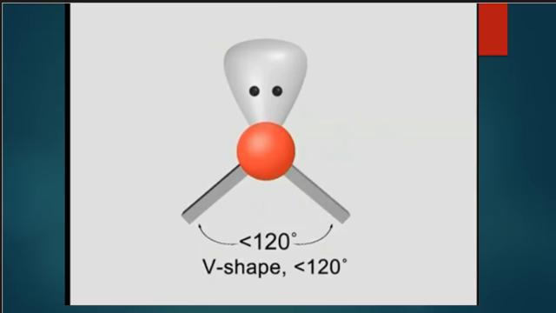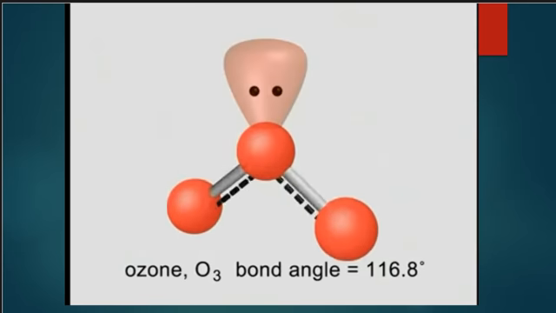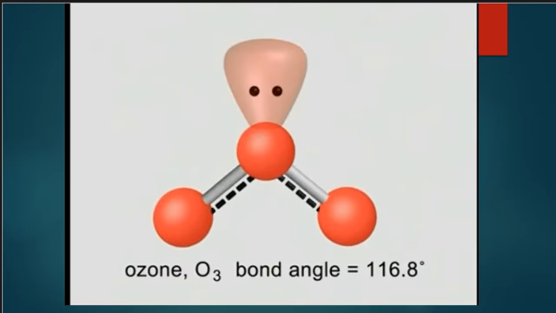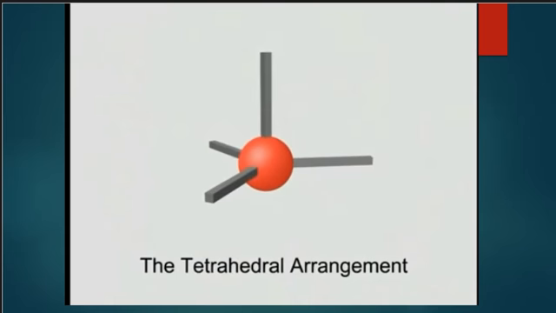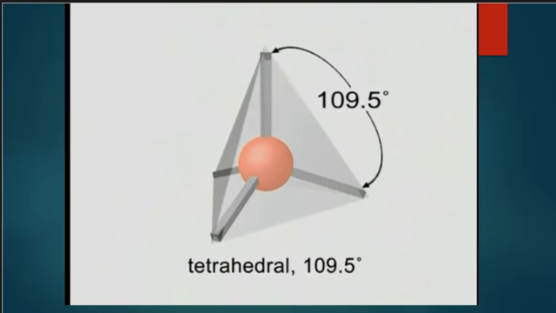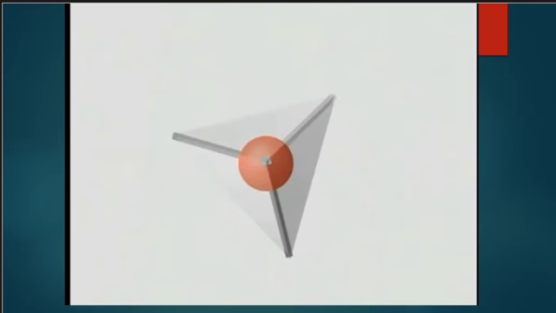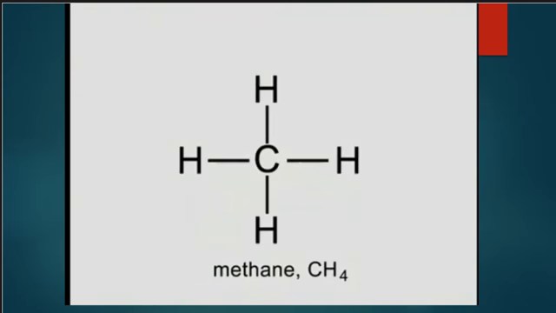As a result, the bond angle is less than 120 degrees, as you can see in this model of ozone. Four electron groups around a central atom attain minimal repulsions in a tetrahedral arrangement, which has an ideal bond angle of 109.5 degrees. The tetrahedral shape is very common, especially in organic molecules.